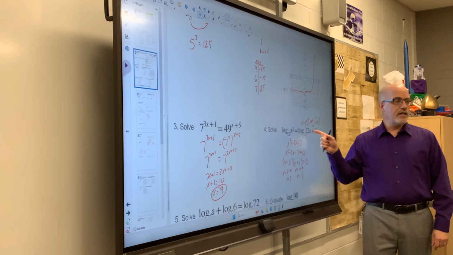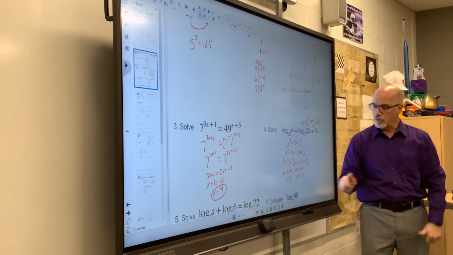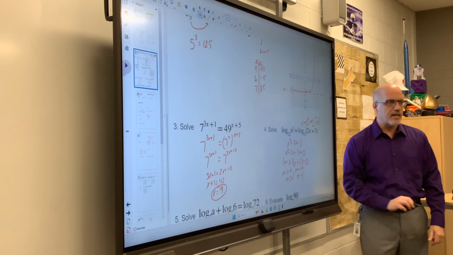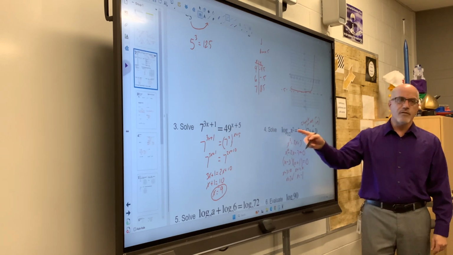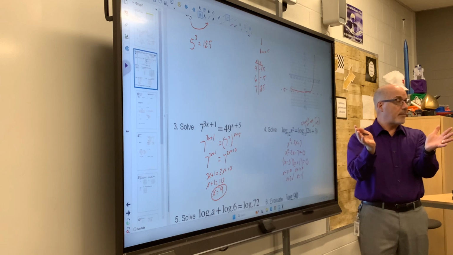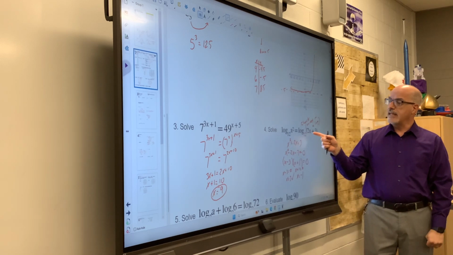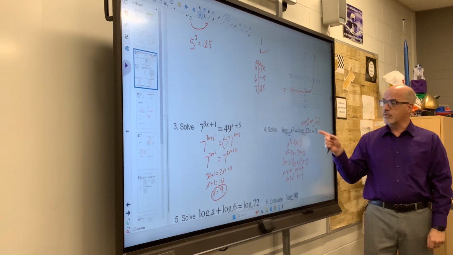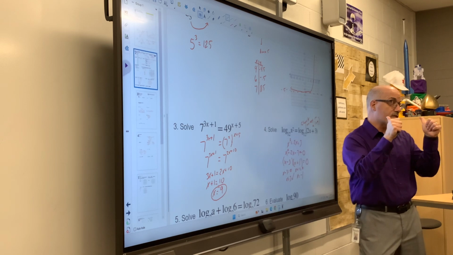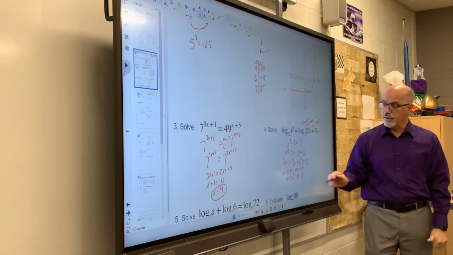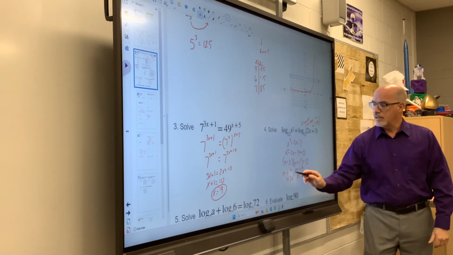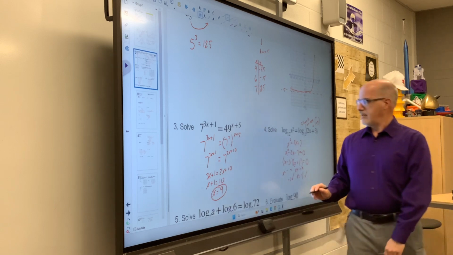If I put in 3 here, that's positive. We're good. So 3 checks. All you have to do is make sure it's not negative. If I put in -1 and square it, I get a positive. -1 here, -2 plus 3 is still a positive, so we're still okay. Both of them check here.